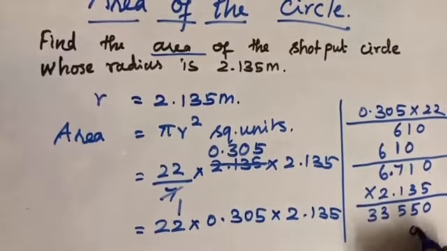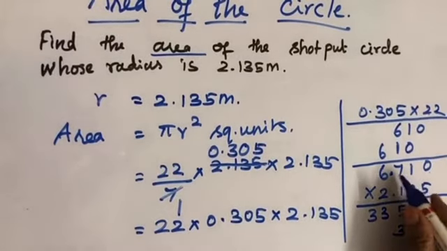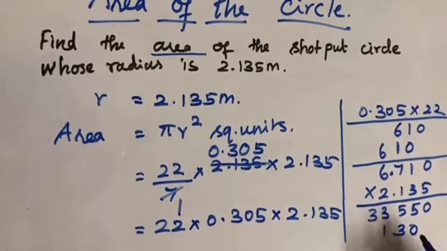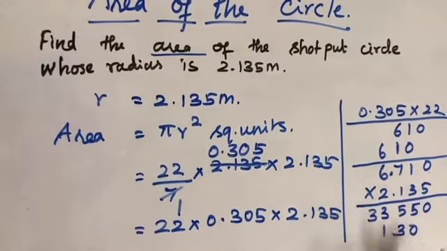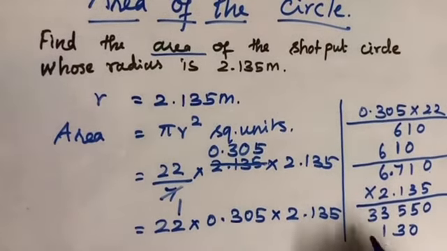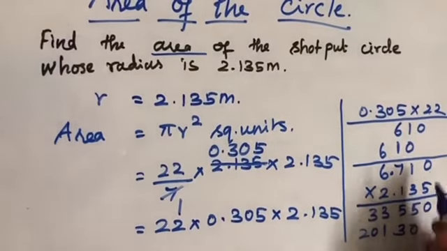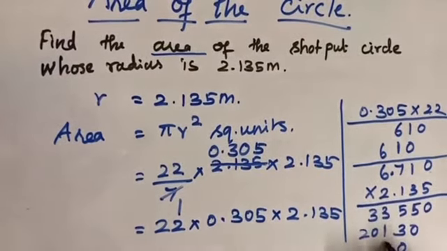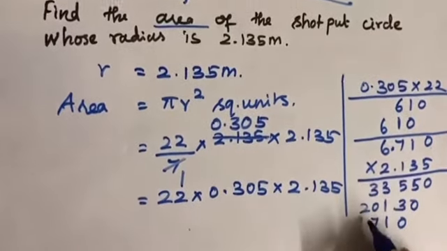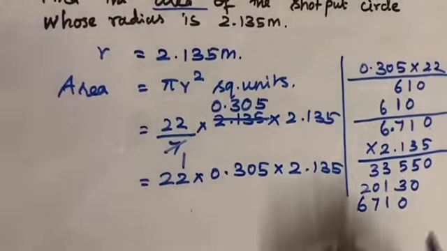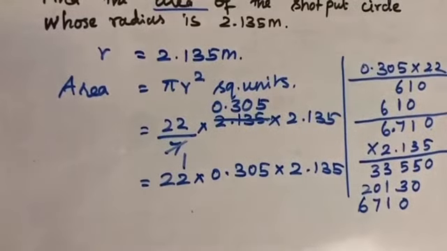So 0. 1 3 is 3. 7 3s are 21. Remaining 2. 6 3s are 18. 19, 20. Now with 1. So 1 0 is 0. 1 1 is 1. 1 7 is 7. 1 6 is 6.